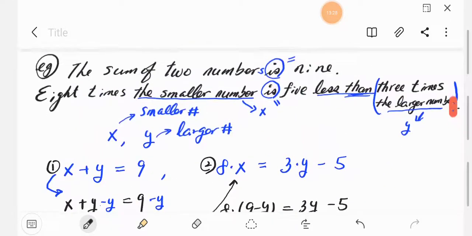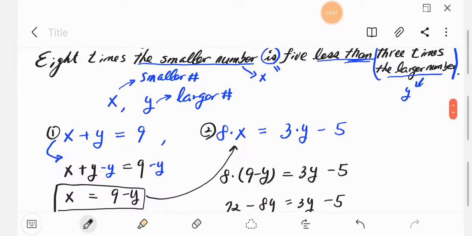So in this particular question, there are two sentences that make two equations. And these two equations have two variables. So in this case, what we do is from one equation, rewrite the equation so that you have only one variable, x or y, on one side and others on the other side. And from the second equation, replace the x or y that you got from the first equation.